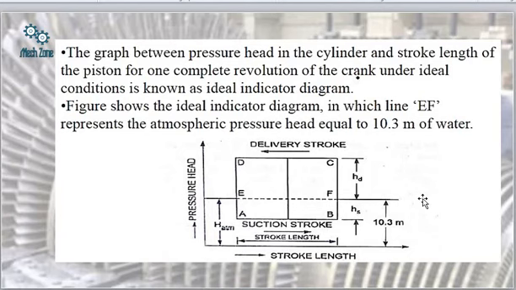We definitely have to remember those values, because they can be directly asked in a 2 marks question also. The 2 marks questions in GATE are a little bit tricky and also require knowledge of the formulae. So I am expecting that this question may be asked. It's not a guarantee, but the atmospheric pressure corresponding to the height of a water column may be asked as a 2 marks question, and it is equal to 10.3 meter.